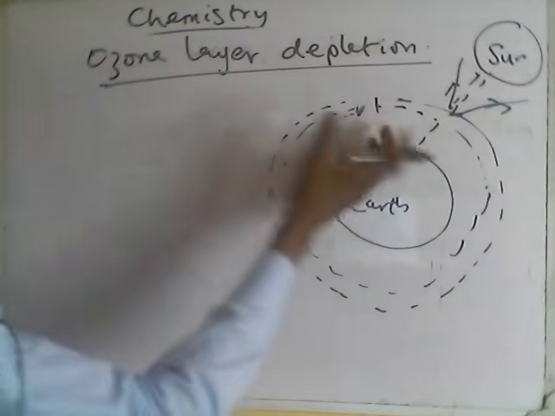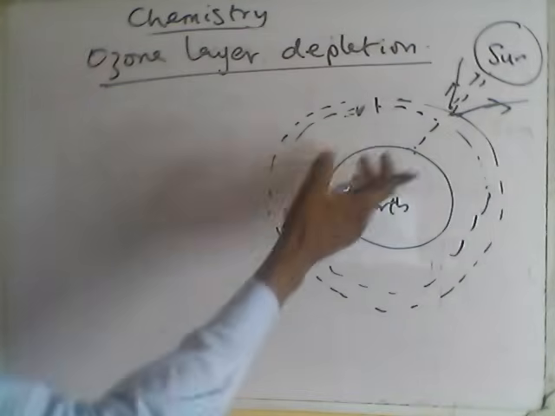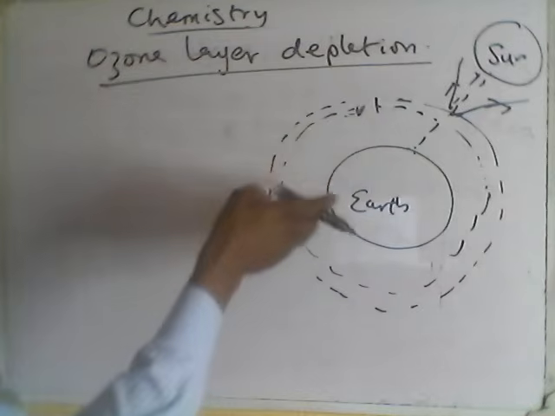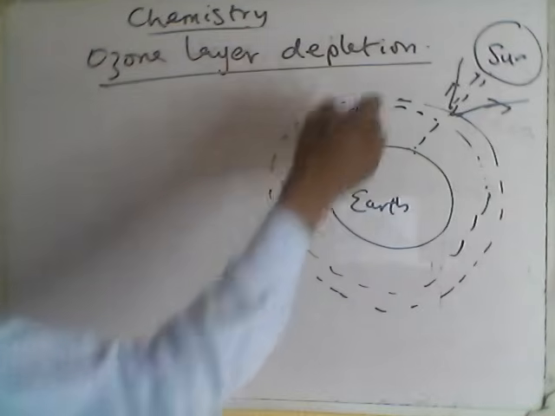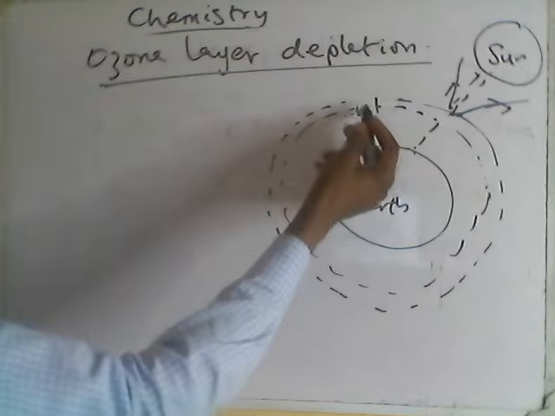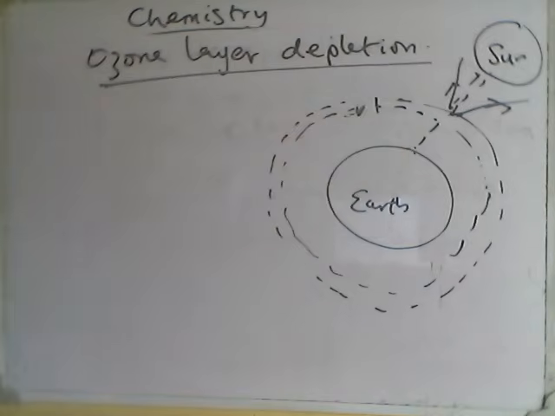These very hot gases that are not useful for life on Earth are now trapped. So the heat increases and it finds a way of coming out. So it punctures holes in it. That hole that is being punctured is what we know as ozone layer depletion.